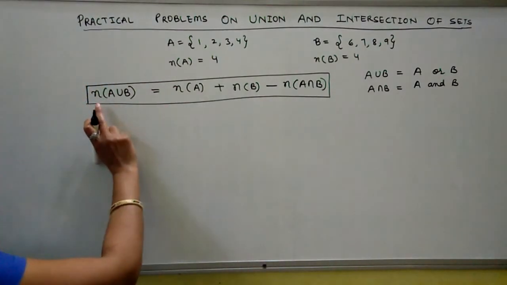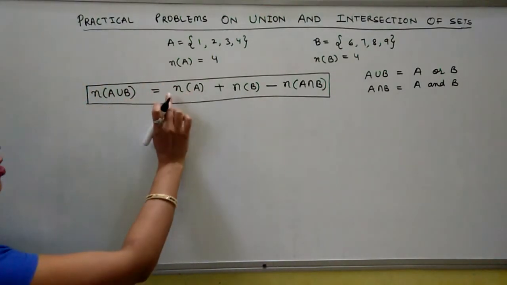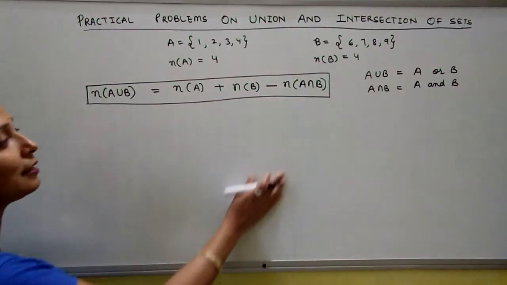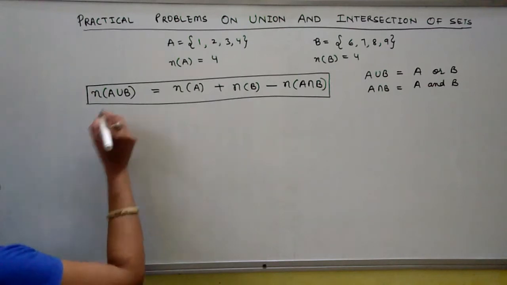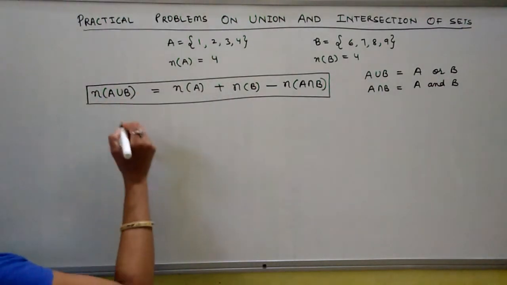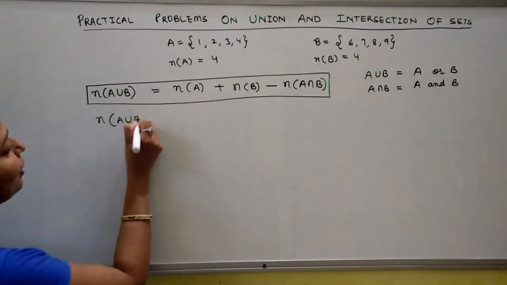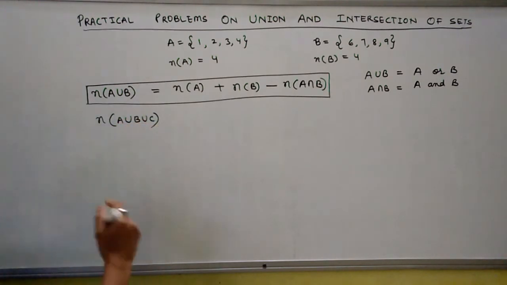The formula tells us that n of A union B is always equal to n of A plus n of B minus n of A intersection B. Okay. This formula is also applicable to n of A union B union C in 3 sets.